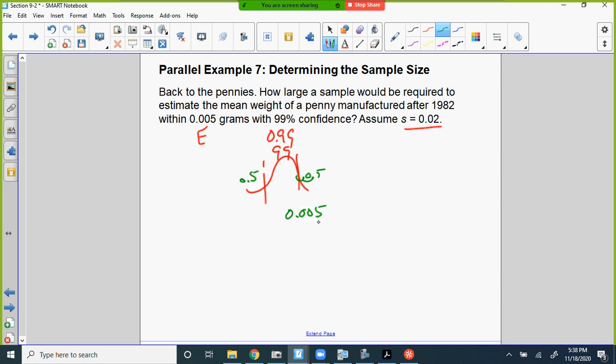If we do this, the inverse norm of 0.005 with a mean of 0 and a standard deviation of 1, we can find that very quickly, right?